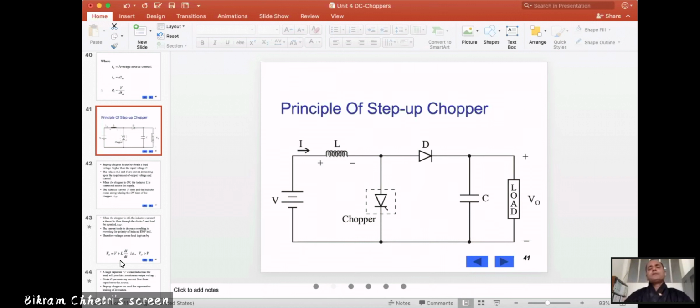The output will depend on the duty cycle, so based on our requirement, we can change the output by changing the duty cycle.